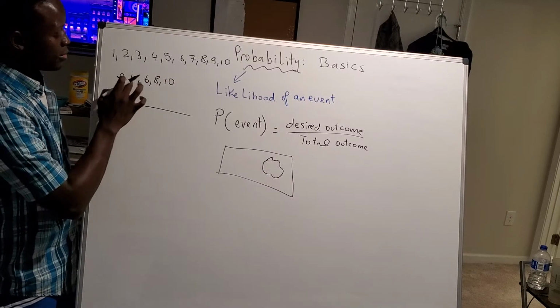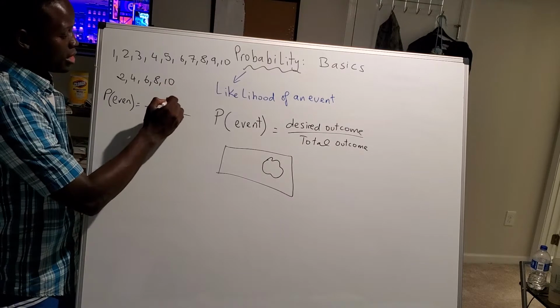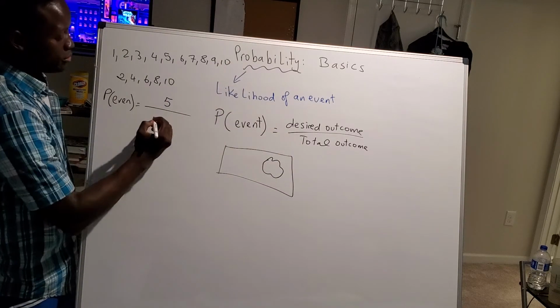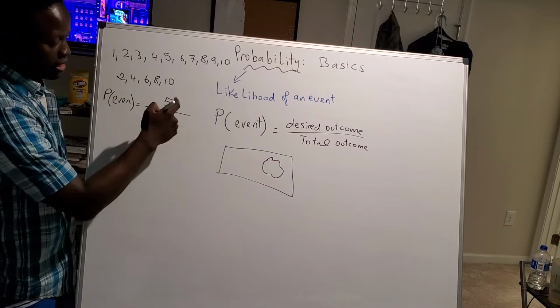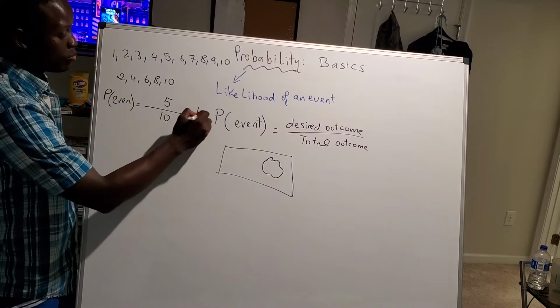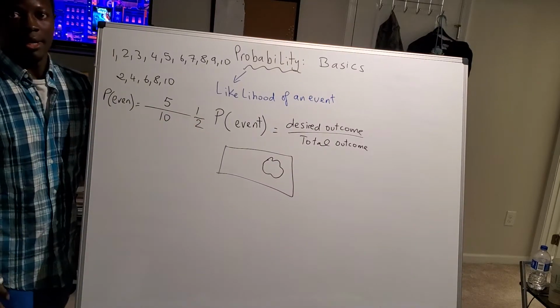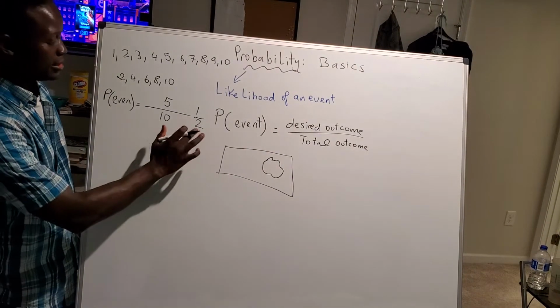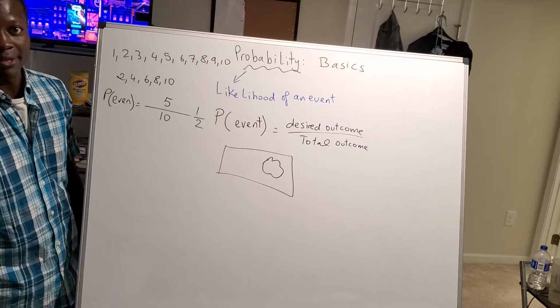How many do I have? 1, 2, 3, 4, 5. And what's the total outcome? 1 through 10 is 10. Divide both sides by 5, so that's 1/2. So this is the probability that you get an even number, right?